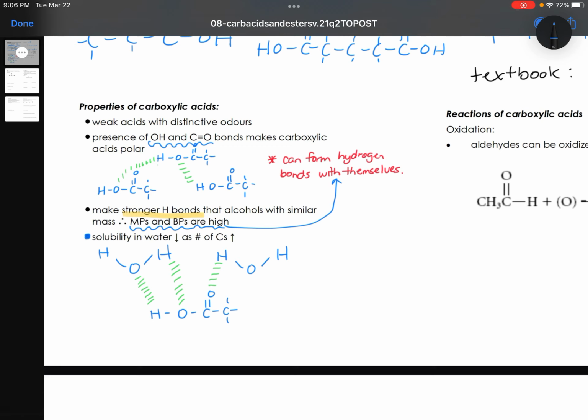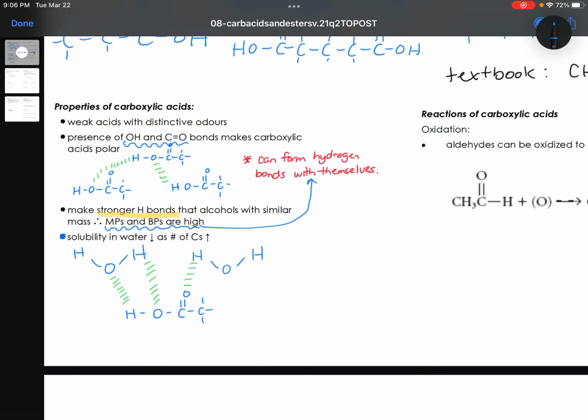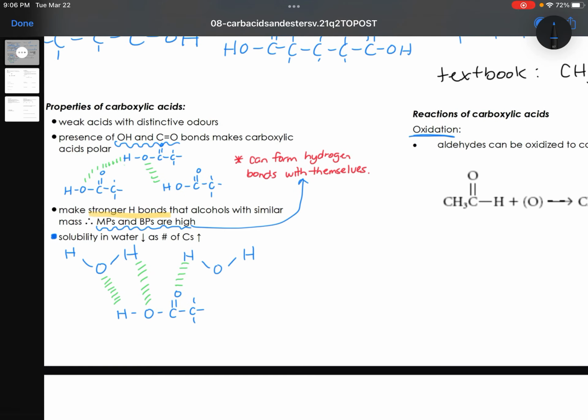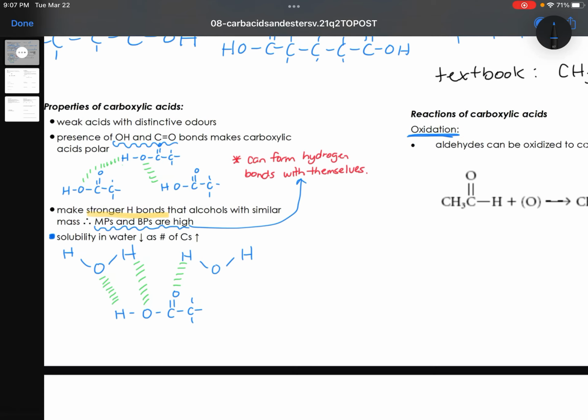So the reaction of a carboxylic acid is actually very similar to one that we've already seen before. So again, we're looking at oxidation, which in organic reactions we're going to treat as making more bonds to oxygen. And again, we are going to simplify things here.